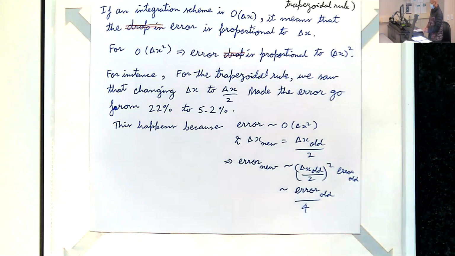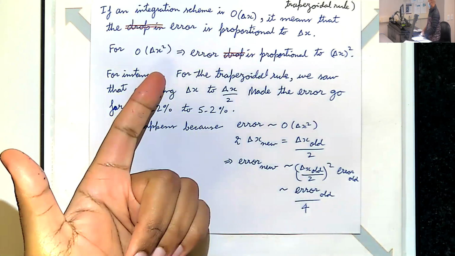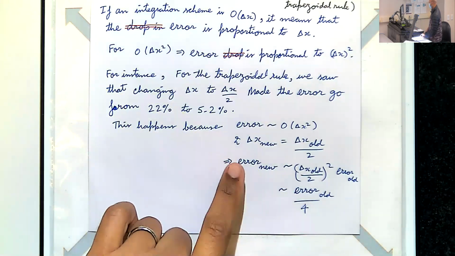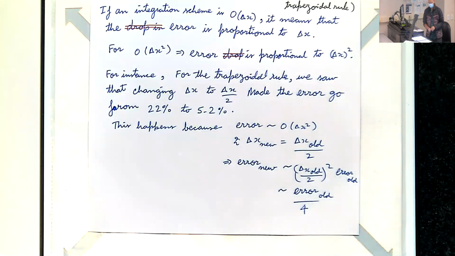All right, you tell me, if I give you a scheme that's order delta x cubed, that's third order accurate, what happens here? A scheme that's third order accurate and you decide to chop delta x into half, exactly half. No, they won't go to 1/9.